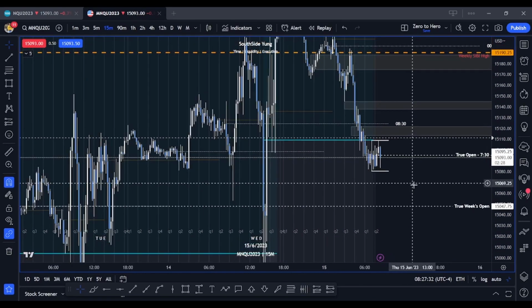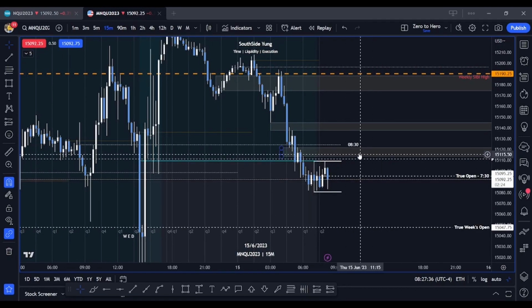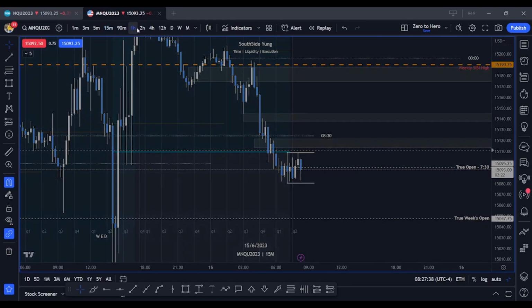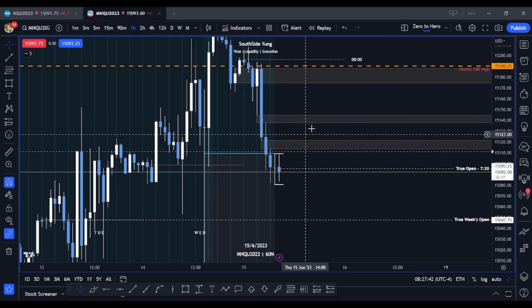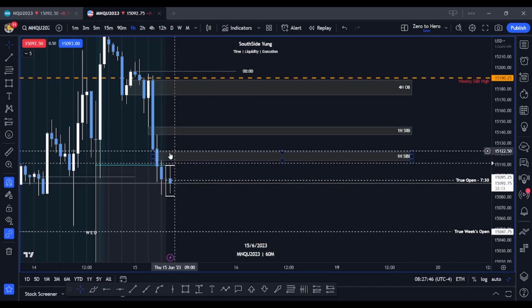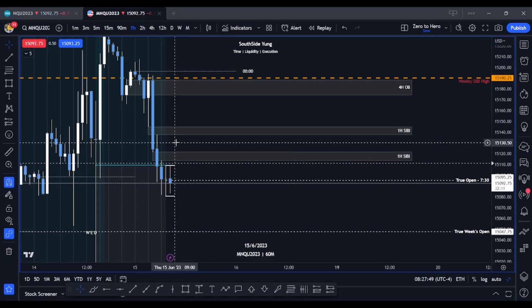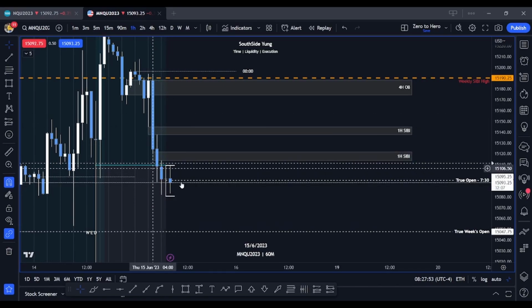But we have these fair value gaps just right above. The only thing I don't really like is that these are just fair value gaps. We can get a fair value gap here, a fair value gap here, and that creates voids in liquidity that can be captured really quickly and just ran through.